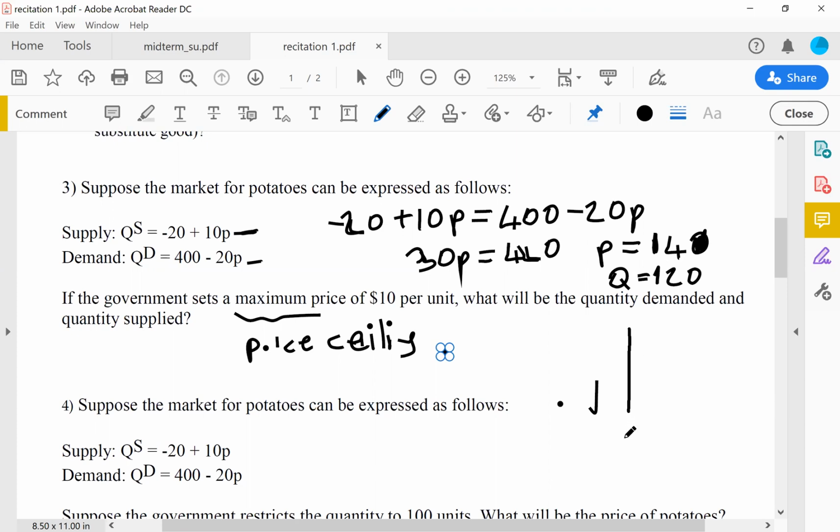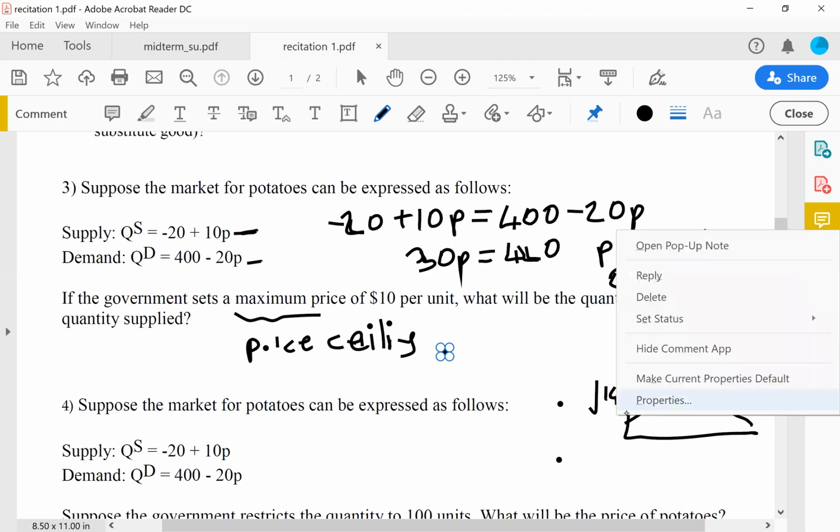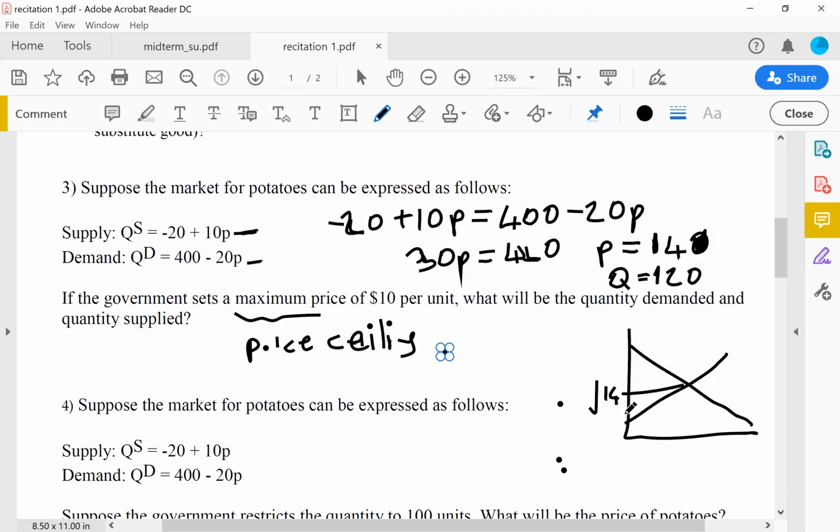If we think about the equilibrium here, this is 14, but the maximum price that can be charged is less than that. So it is 10.